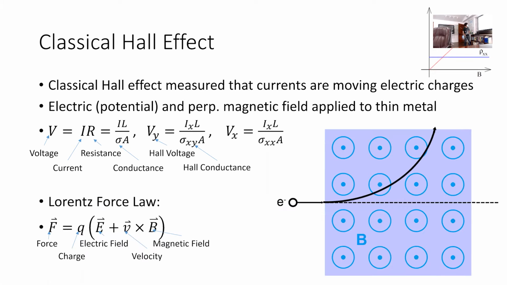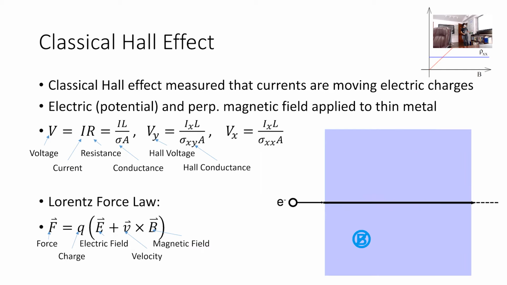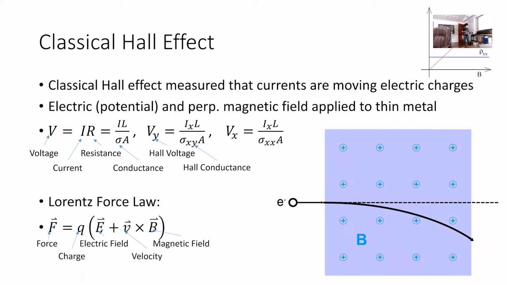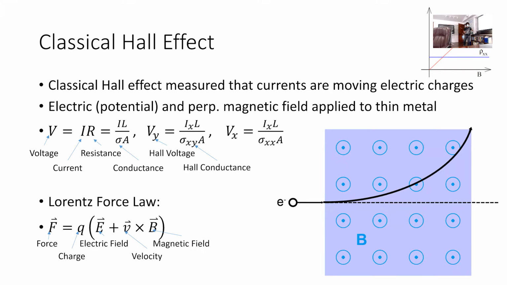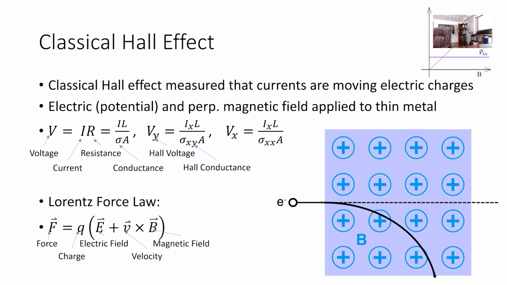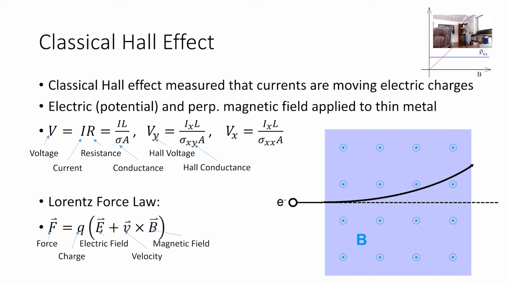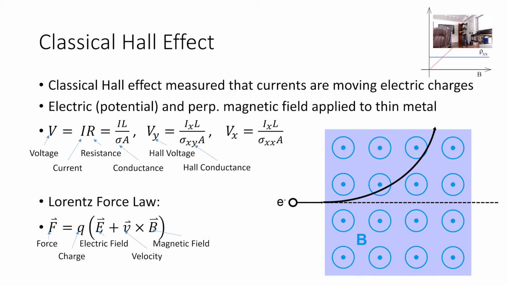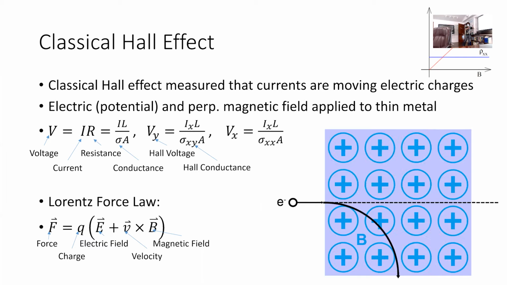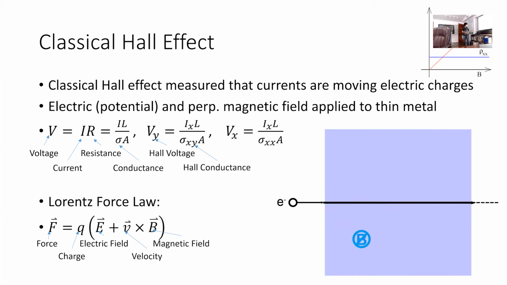And the reason for why this occurs is through the Lorentz Force Law. I have some charged particles moving as my current, and I'm applying a magnetic field. So there's going to be some velocity, and I apply a magnetic field. That's going to make it curl. And so that curling is going to push one charge in one direction and the other charge in another direction.